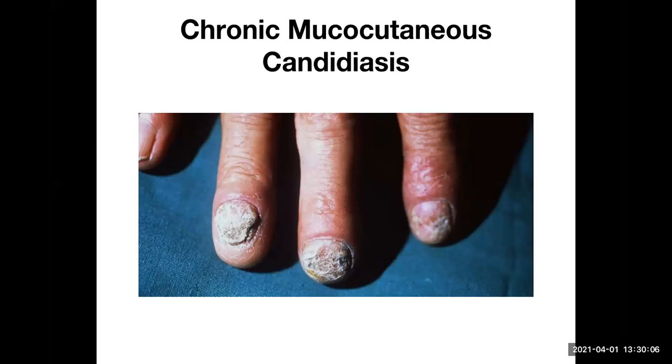Now, another important question is there are two types of fungal infection which can cause this type of problem. One is Candida, another is dermatophyte, which we are going to talk about in the next class. Dermatophyte tomorrow. So, how to differentiate them? We should take the help of investigation. Okay. Just clip the nail and send to the lab. Ask them to do the necessary test, and they will give you the report whether this is Candida or dermatophyte.